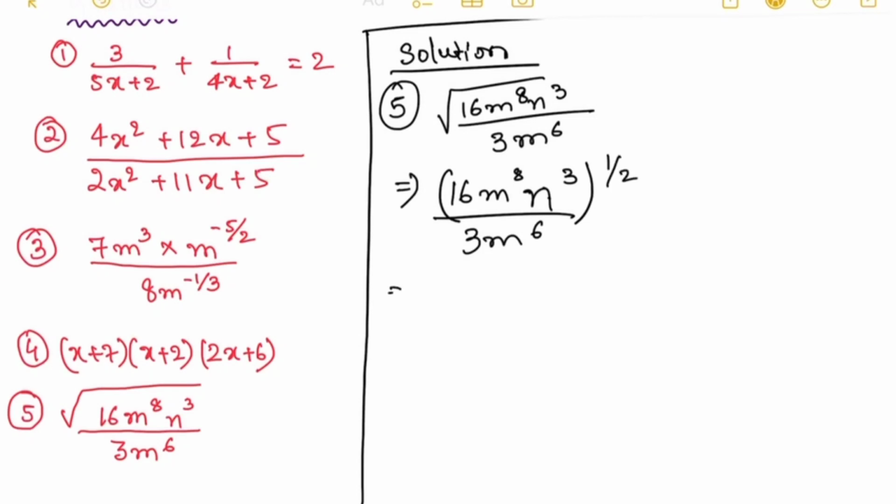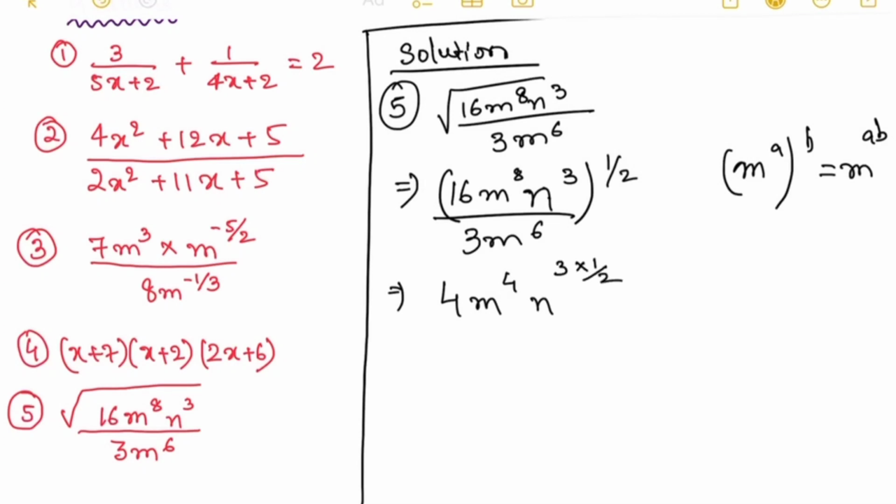Now we'll use the law that m to the power a, to the power b, equals m to the power a times b. So we'll write it over here as 4 m to the power 4 n to the power 3 times 1 over 2.